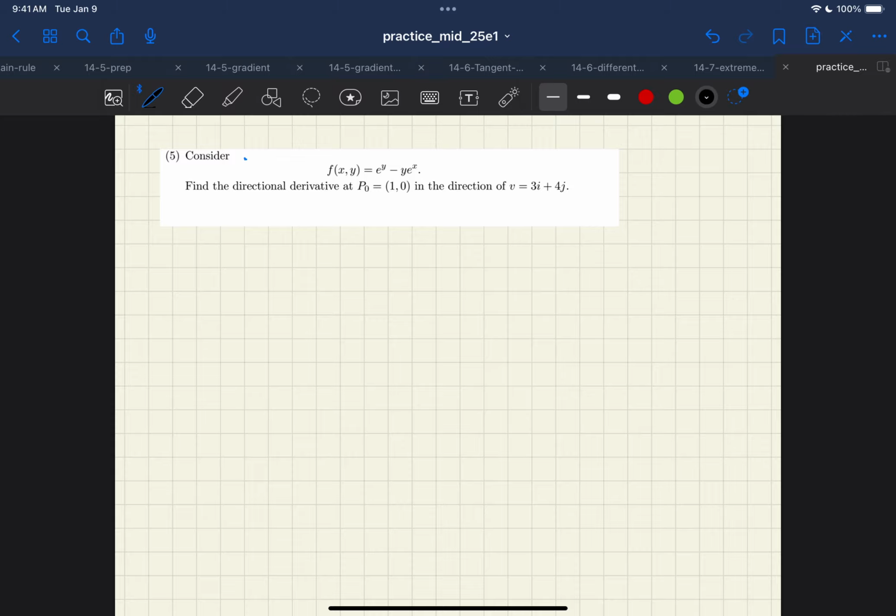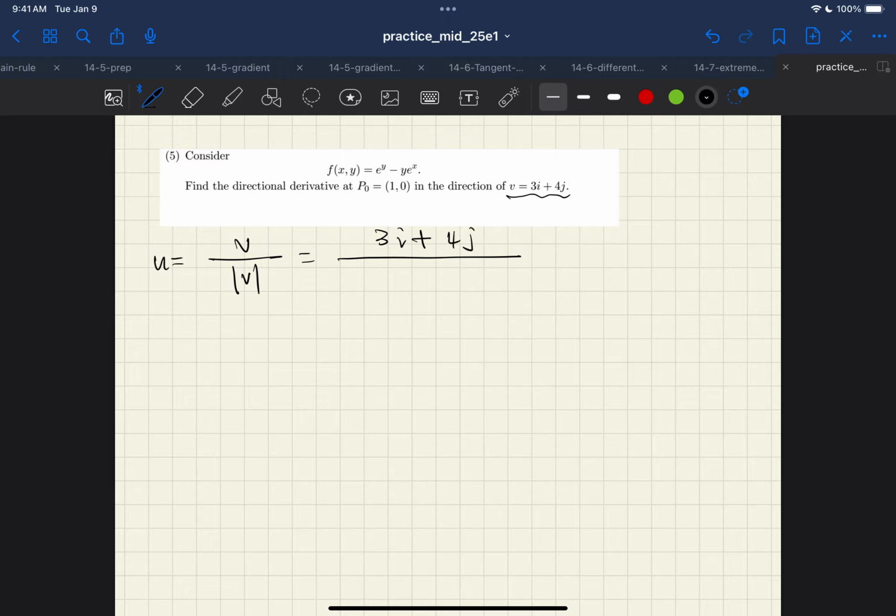So here, the formula for the directional derivative is, first of all, I want to write down a normalized v. Let's say u is its direction, which is v normalized by its length. And what is its length?